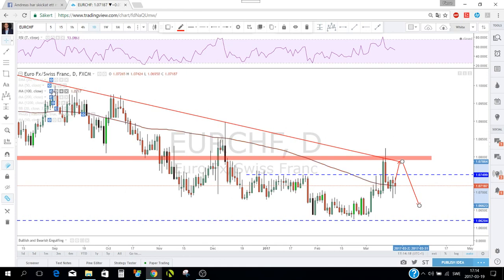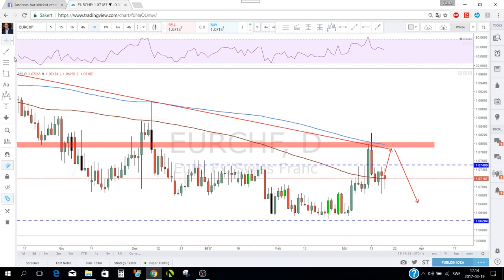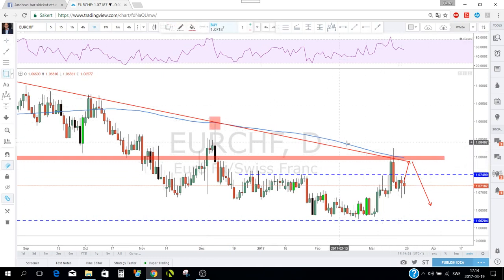Let's take a look. We have the 100 moving average giving this some trouble, and that's why price is acting maybe like this. As you see, lots of indecision. But you have also on the daily, let me take off the 100, we don't need it right now. On the daily you have this downtrend line, you have the 200 moving average that has been respected very well here, clearly, and it was also respected here last week.